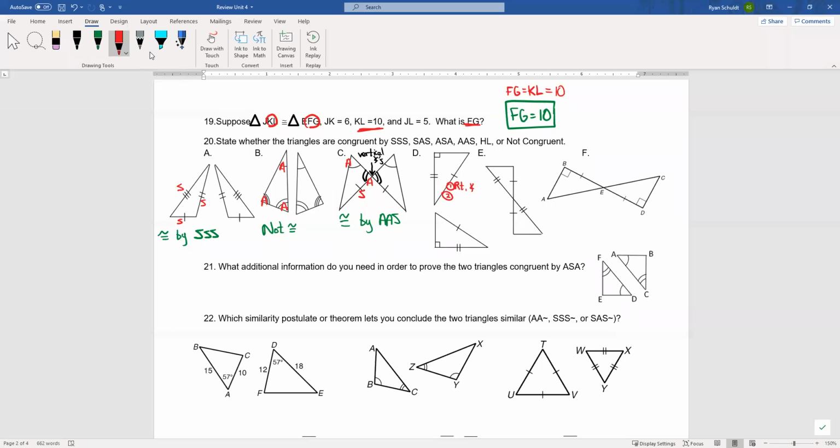That's the long side. Yes, right there. So hypotenuse is good. Do we have a leg that's congruent? Yeah, a leg is just another side. So yes, we have a leg congruent. Well, what's this one congruent by then? This is congruent by hypotenuse leg.